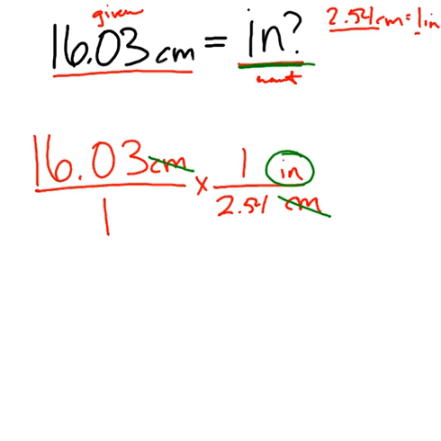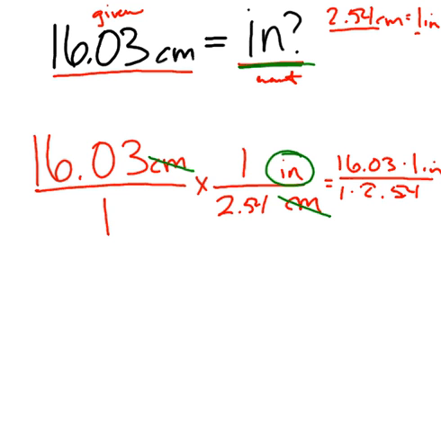When I do the math, I'm going to multiply all my numerators across, and I get 16.03 times 1 inch. I didn't cancel that unit out, so I have to carry it over. And I divide that by 1 times 2.54.